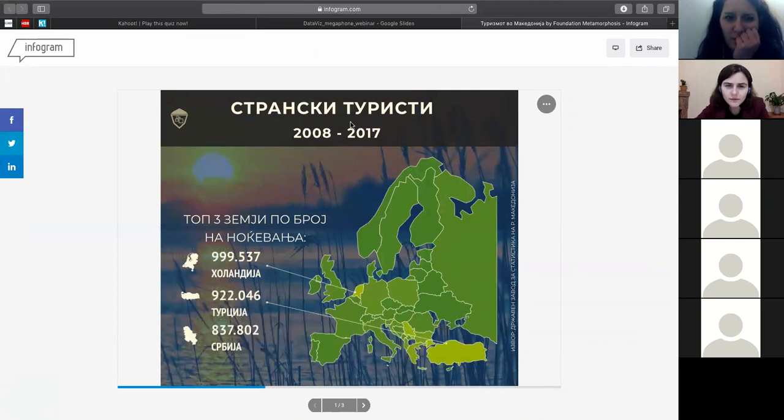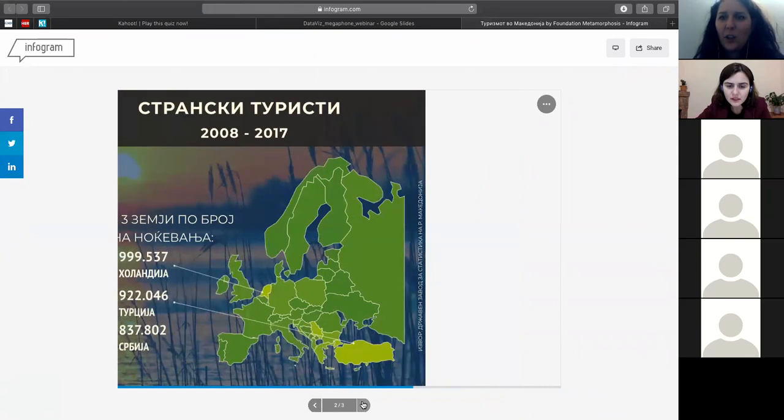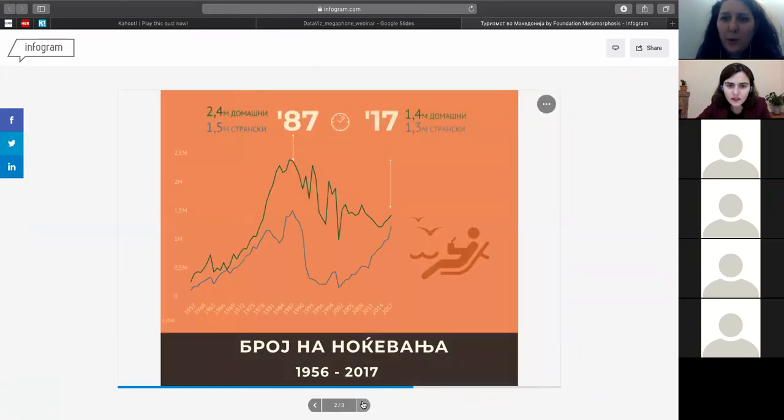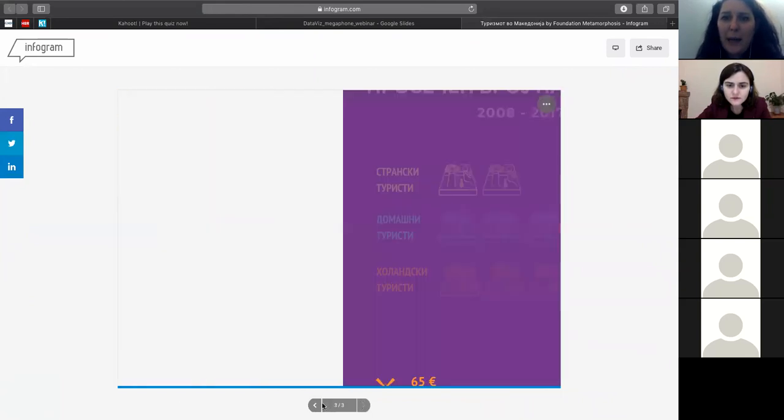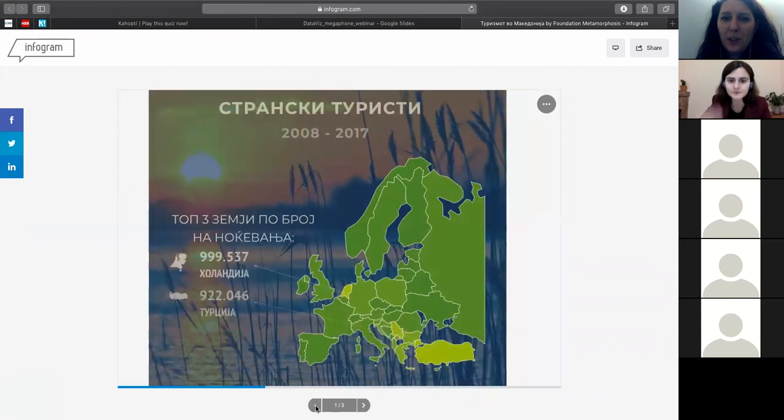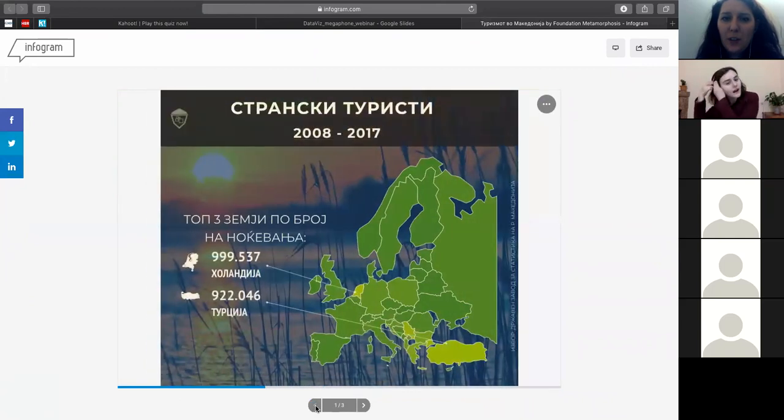Is this the origins of tourists? So top three countries. Let me see. Gotcha is commenting that it's number of tourists, time period plus map plus averages. Okay, so the first one is number of tourists.